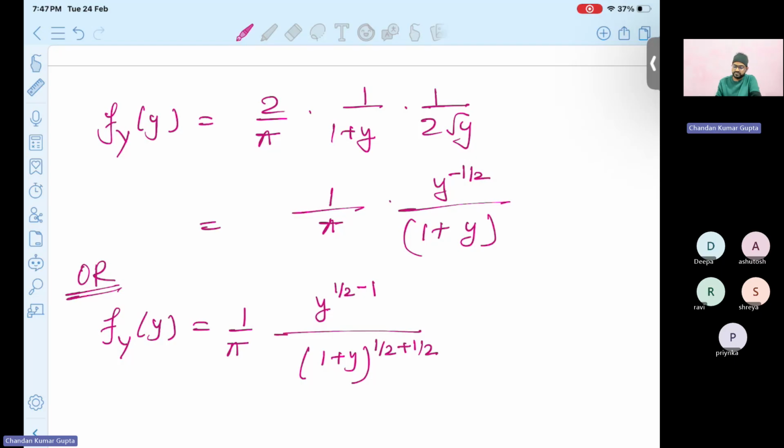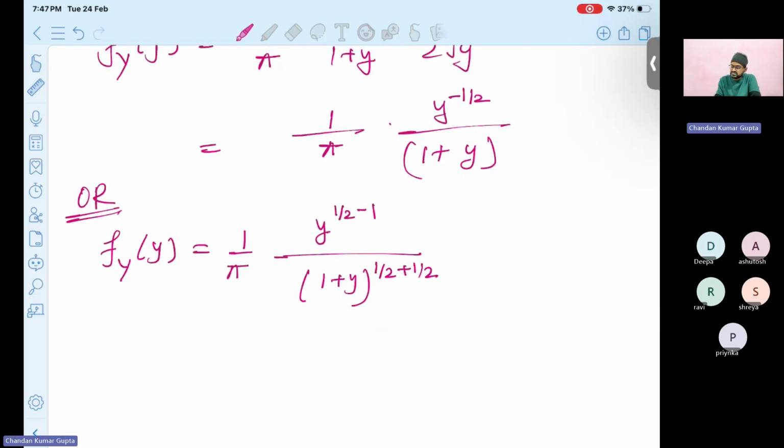So this is a particular form which is a beta distribution with parameter 1 by 2 and 1 by 2. This is a beta distribution of the second kind, not the first kind.